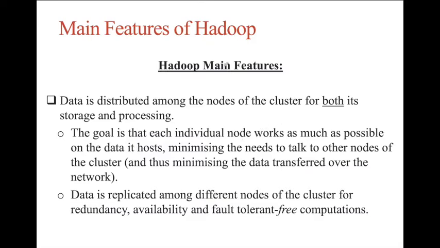The main features of Hadoop: basically, Hadoop is going to be using clusters, clusters of computers, and in the cluster of computers, we're going to be doing both storage and processing. That's important. So basically, we have a set of machines, and all of the machines are going to be storing data and processing data.